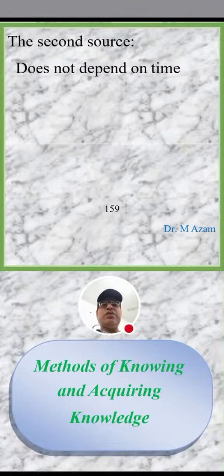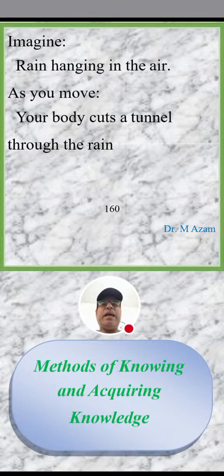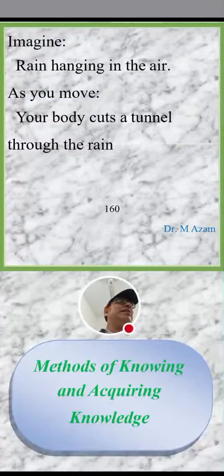The second source does not depend on time. Imagine rain hanging in the air. As you move, your body cuts a tunnel through the rain. As you move, you are making a tunnel in the air, which has raindrops.